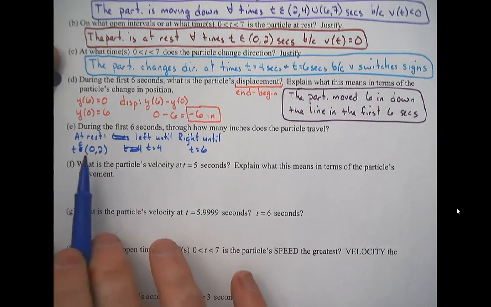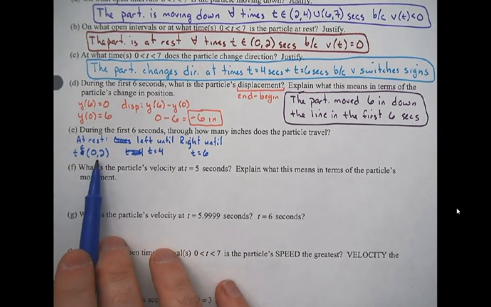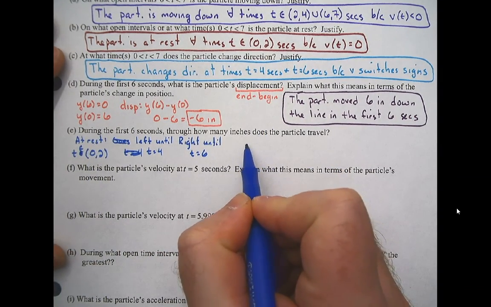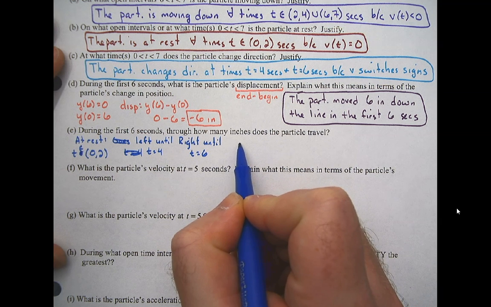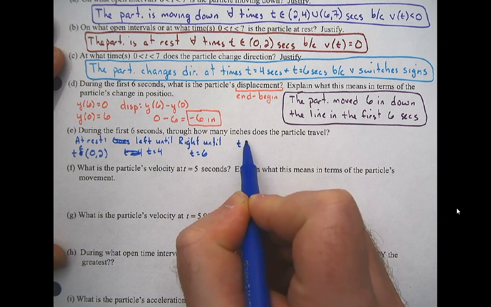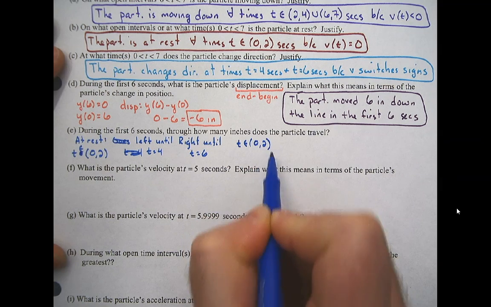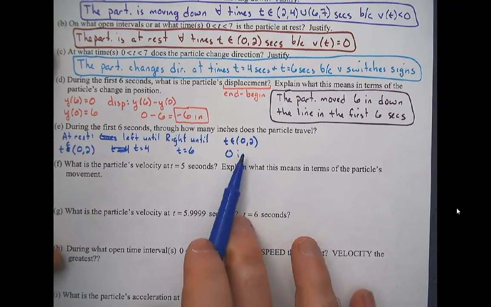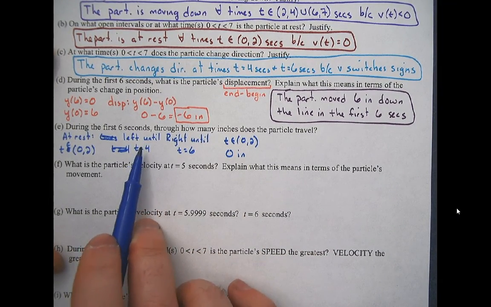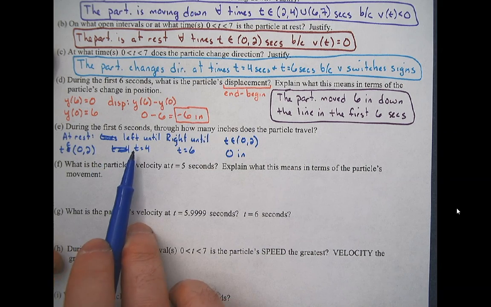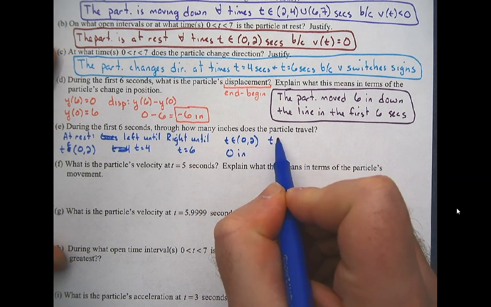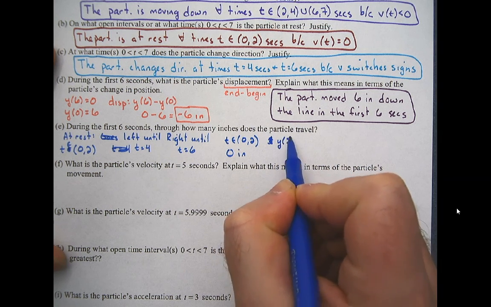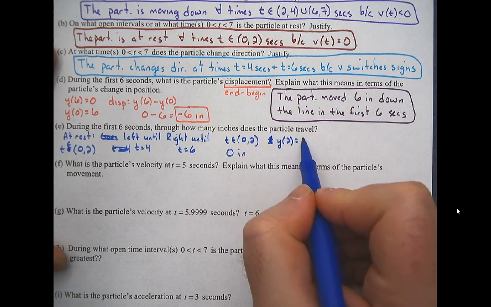So how far did our particle travel when it was at rest? It didn't, right? For times t that are an element from 0 to 2 seconds, we had 0 inches traveled. Then we want to figure out how far we traveled from 2 seconds until 4 seconds. y of 2 equals 6.